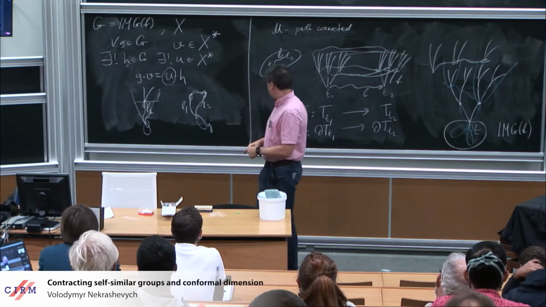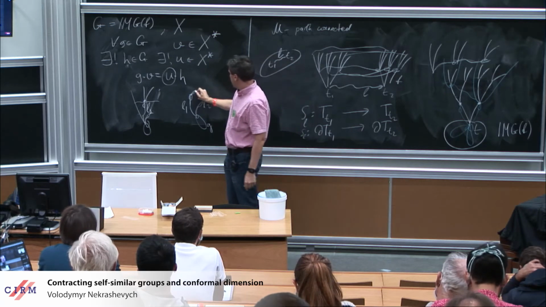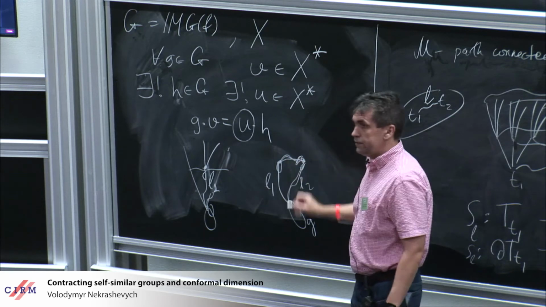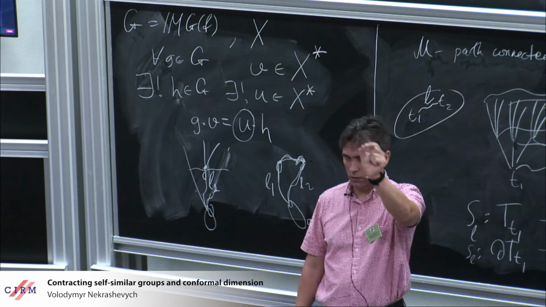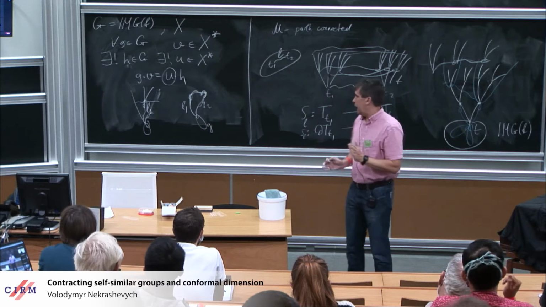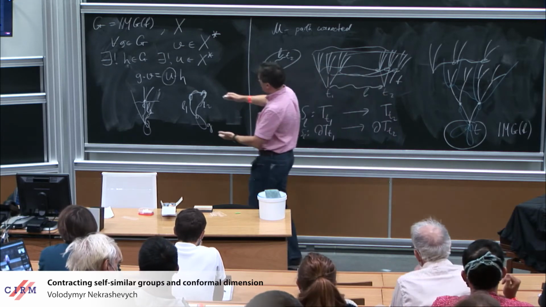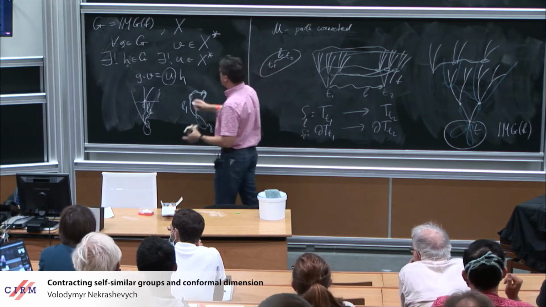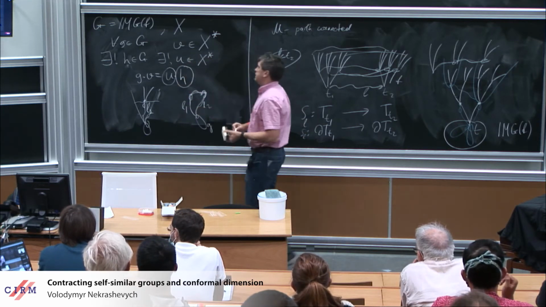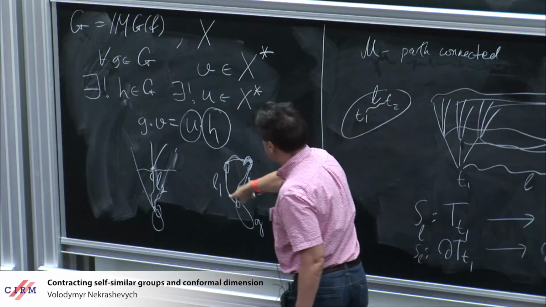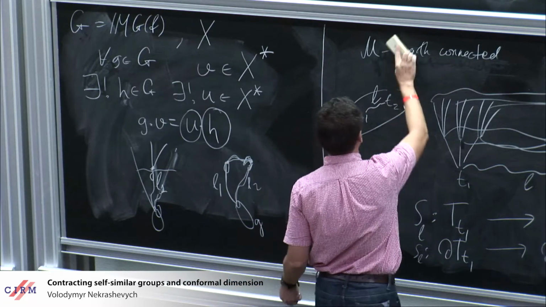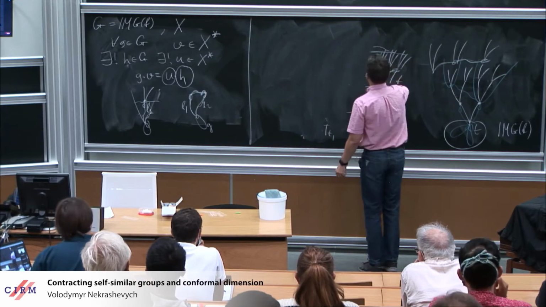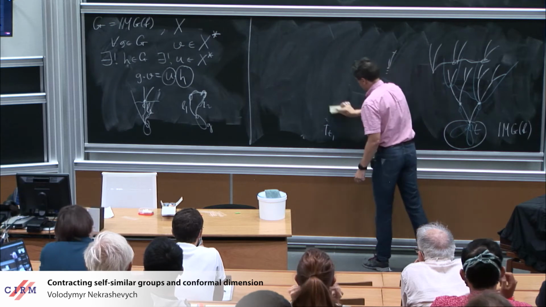In particular, you see that because we assume that our map is expanding, this lift will become shorter and shorter. And this can be used to prove that eventually these elements H, these concatenations, will belong to one fixed finite subset of our iterated monodromy group.